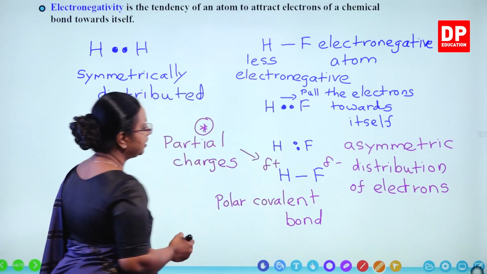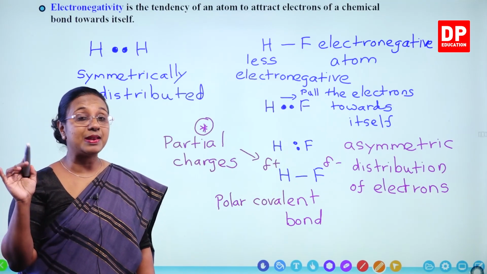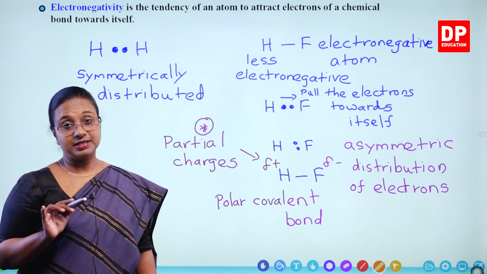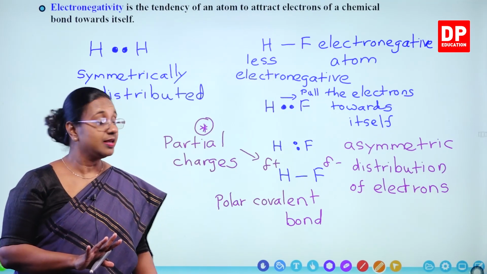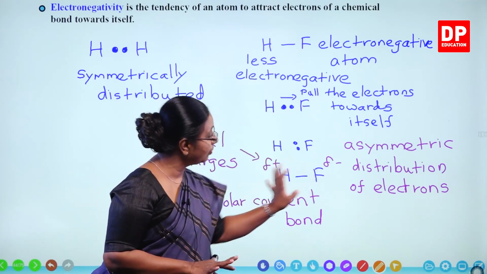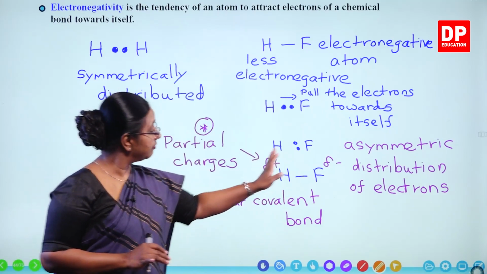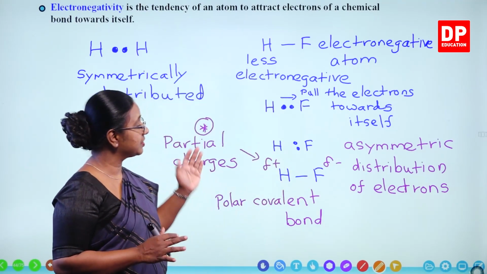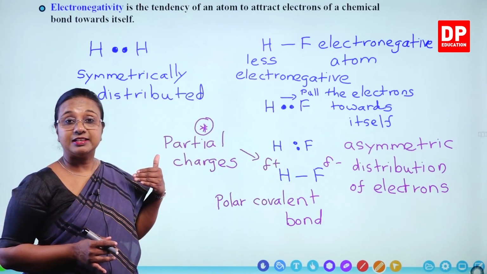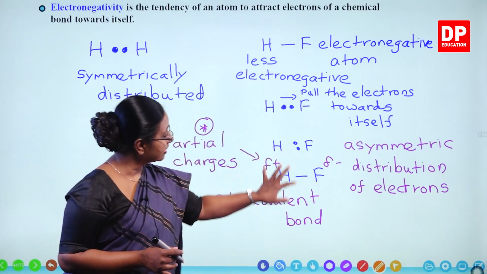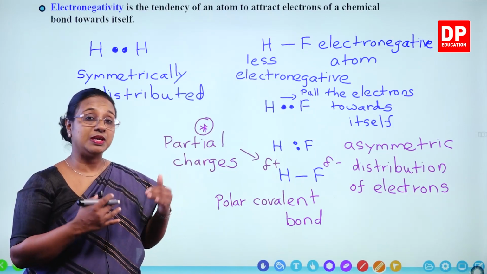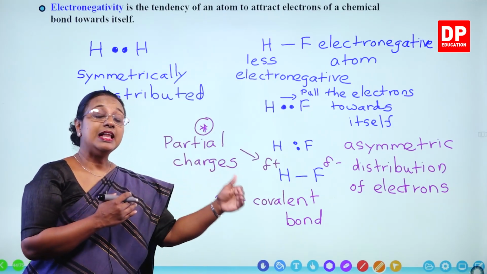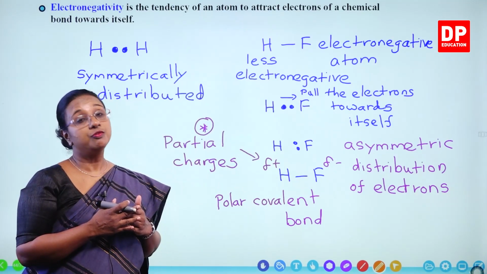That is why we denote them as delta plus and delta minus, not plus and minus. That is for ions. This is different. Still they are covalently bonded. But fluorine has a partial negative charge because it pulls the electrons towards itself, whereas hydrogen has a partial positive charge because it gives the electrons partially to fluorine.